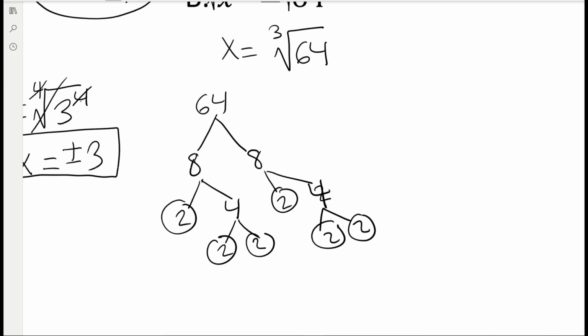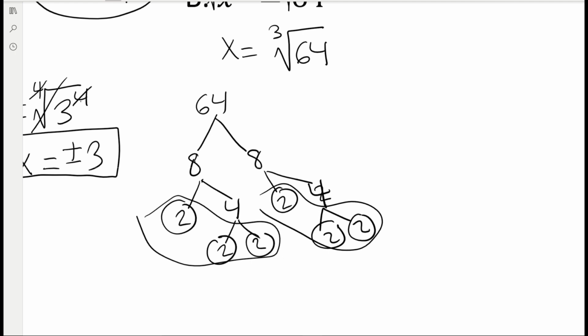So now what we're looking for is a number that can be written as itself 3 times. However, notice that we have two sets of 3's here. We have a 2 to the 3rd here, right? And we have a 2 to the 3rd here as well. So how do we go about writing that?